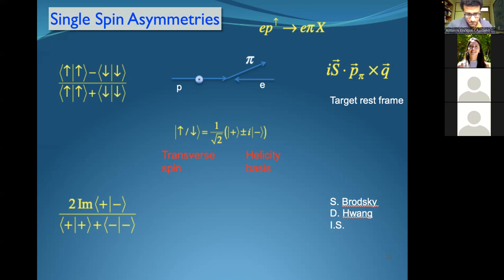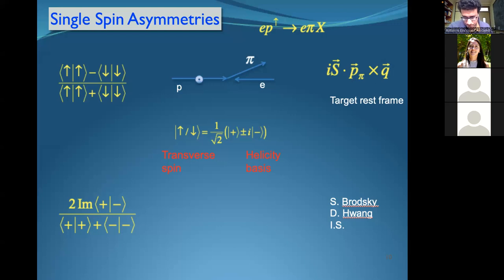The first is that we change bases, and instead of using transverse spin, we use helicity bases. When you change that, it comes out to be twice the imaginary part of this interference between the case in which the proton has helicity plus and helicity minus.